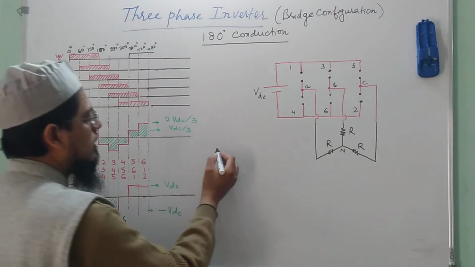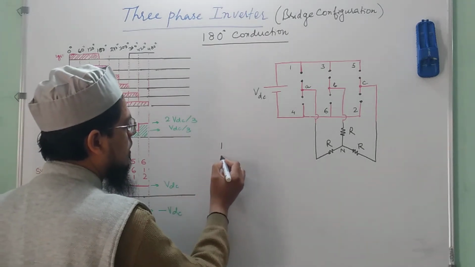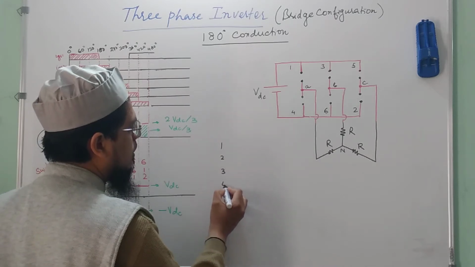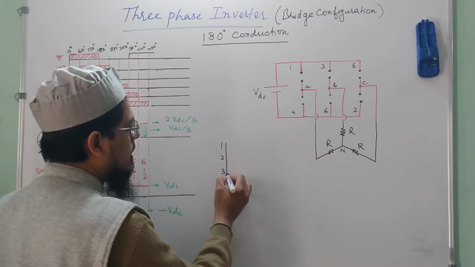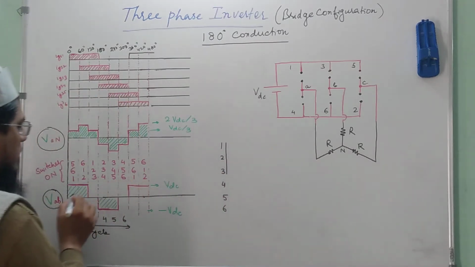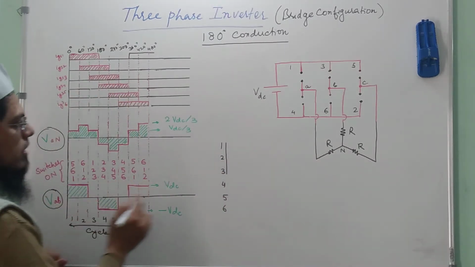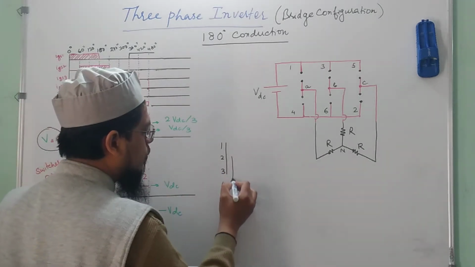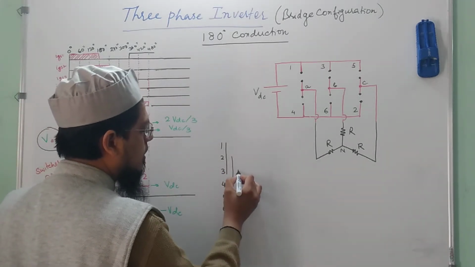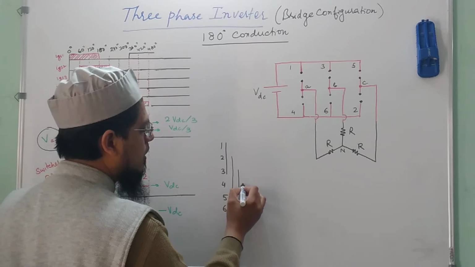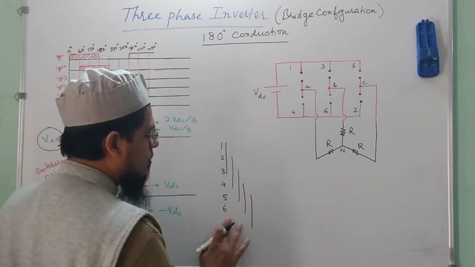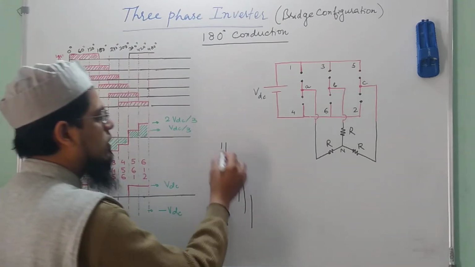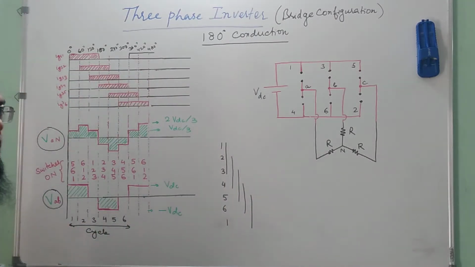I had told you to just write down 1, 2, 3, 4, 5, and 6. So 1, 2, 3 would be conducting in the first step, then 2, 3, 4, then 3, 4, 5, then 4, 5, 6, then 5, 6 and 1, and each of them would be conducting for 60 degrees.